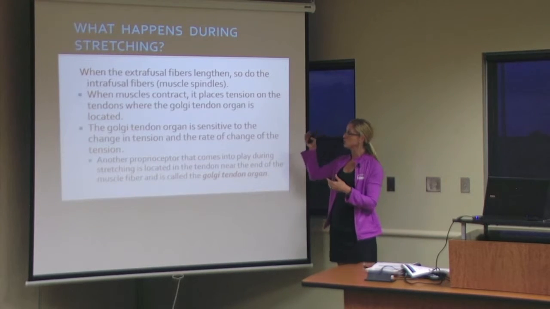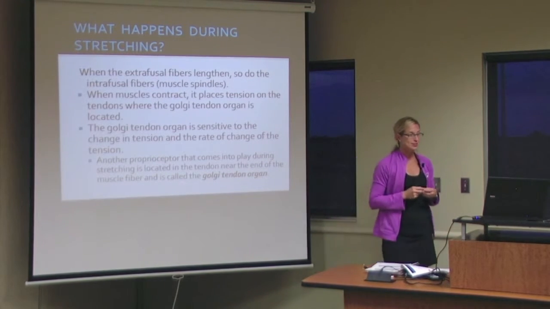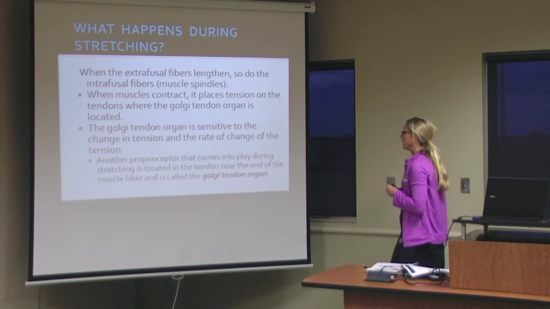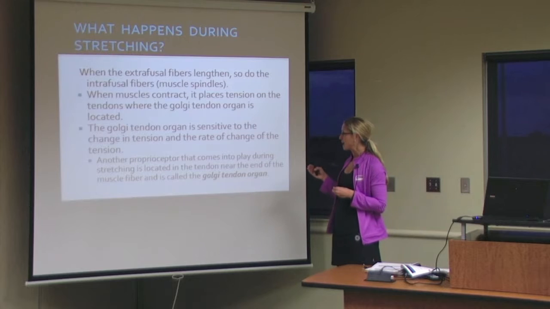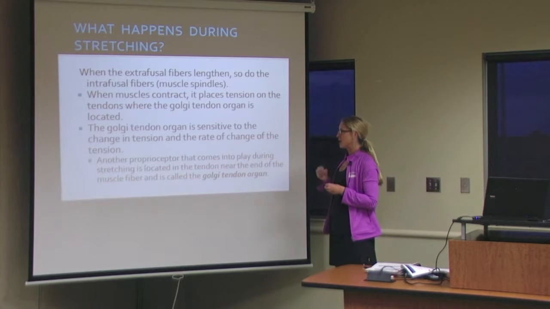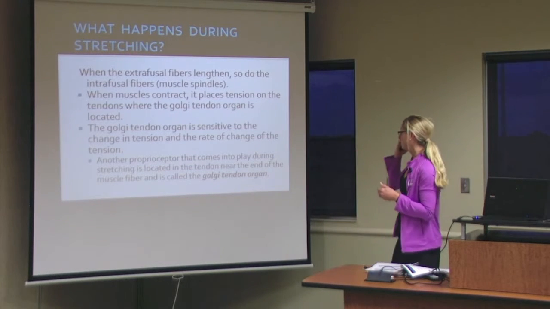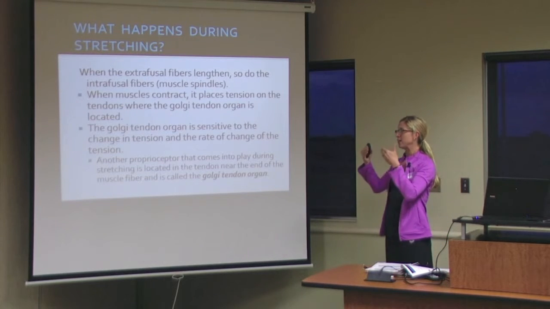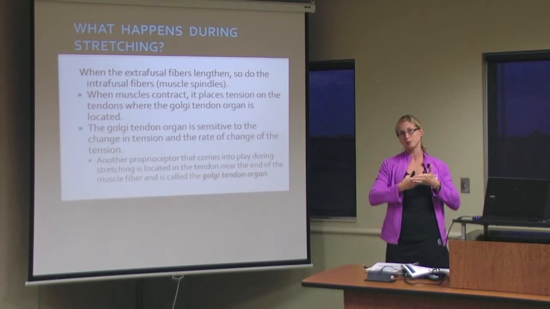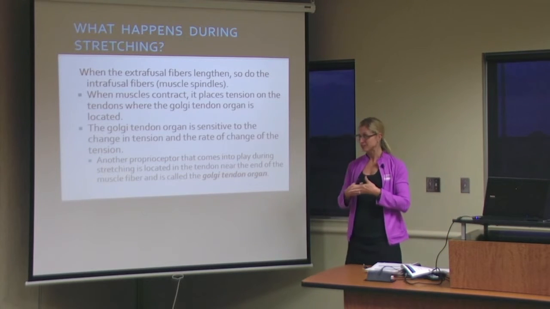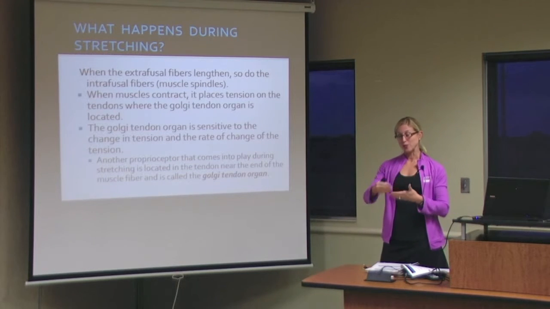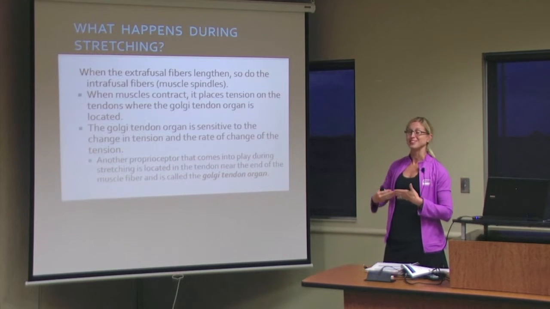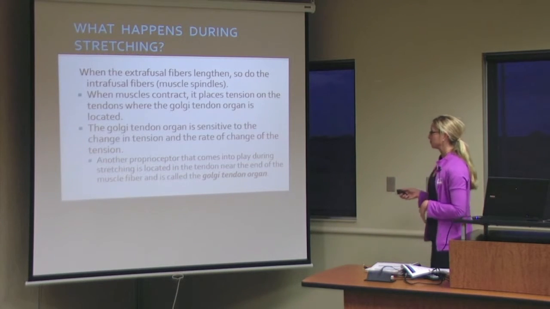Now, that Golgi tendon organ is sensitive to the change in tension and the rate of tension, and based on the feedback that it gets, it will send a message to the brain relaying that there's tension at the tendon and that the stretch needs to be stopped, because the tendon is not something that is stretchy. And so that is telling you that you need to stop before there is damage done to something that is not a muscle fiber.